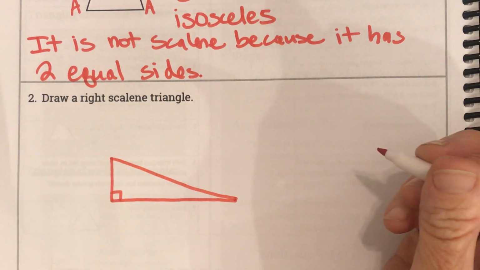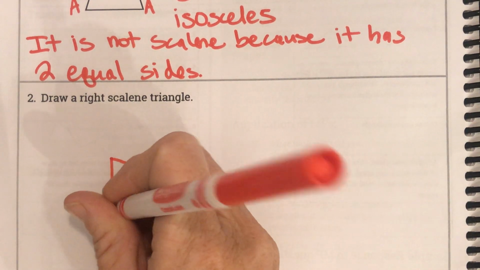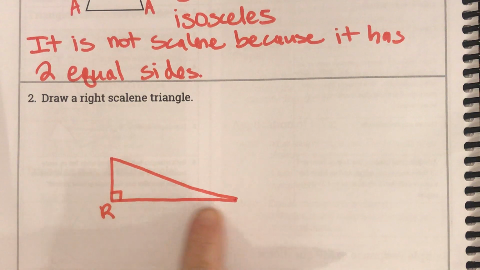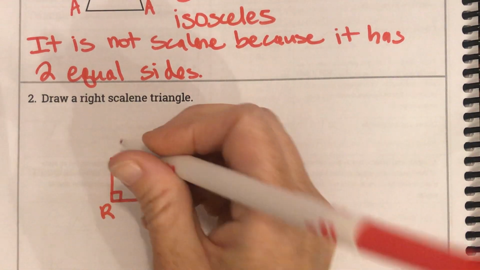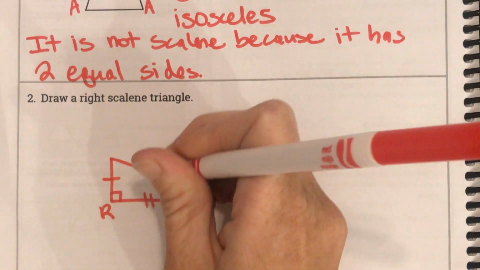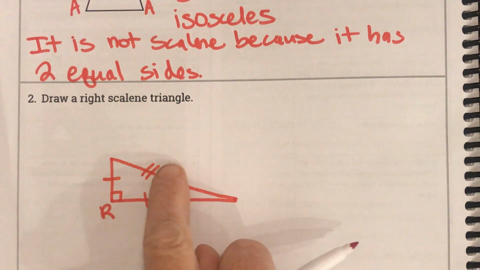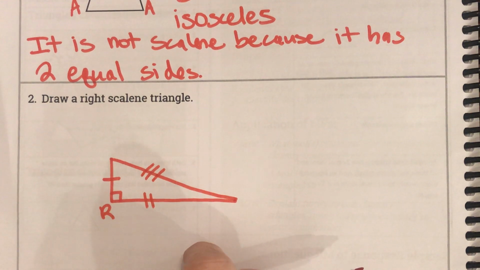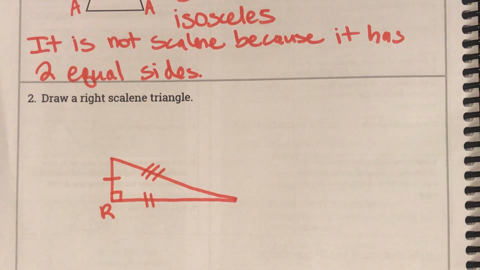So if you notice, here's my right angle. And then this is my shortest side, that's my medium side, and this is the longest. I can even use these marks. And the reason they're all different shows that none of them match. So none of my sides match.